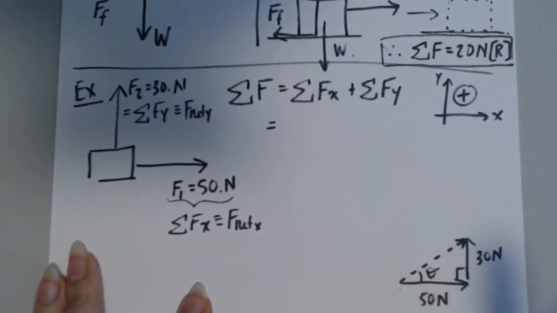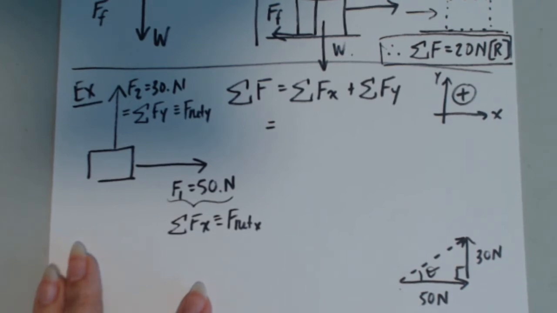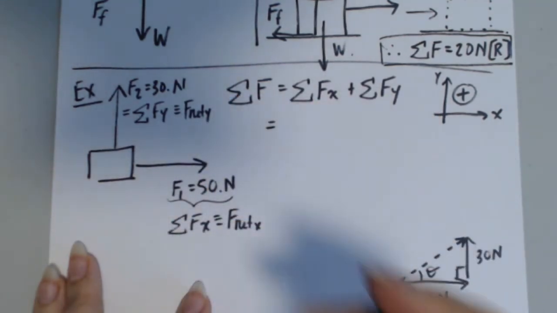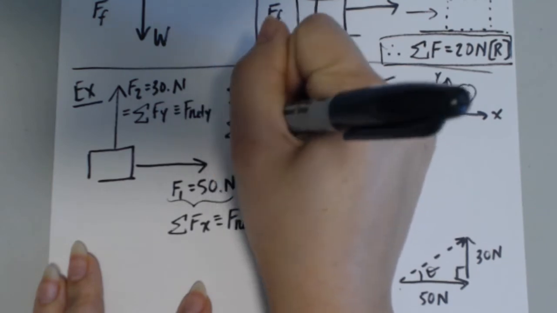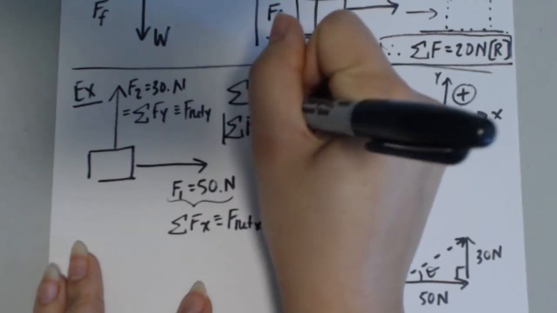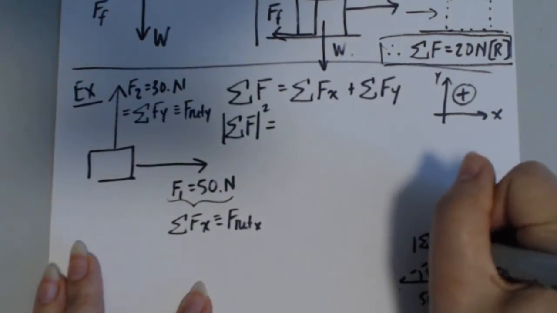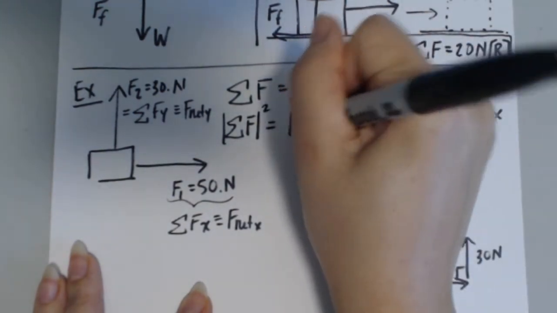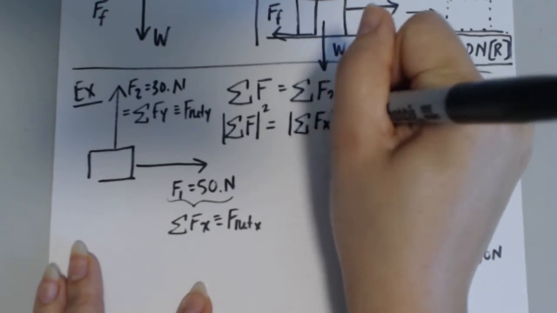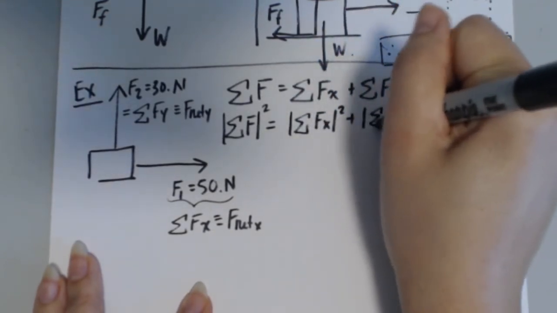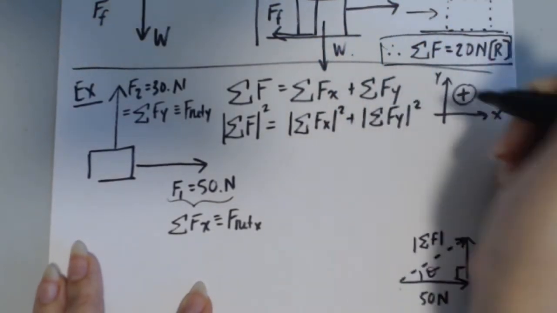This particular slide asks for the magnitude, but the next slide is going to ask us for the direction, so we're just going to do both at the same time here. While this vector statement is true, in order to actually calculate the magnitude, the hypotenuse squared is equal to the magnitude of the x component squared plus the magnitude of the y component squared.